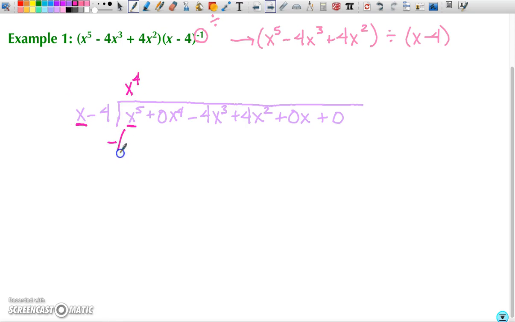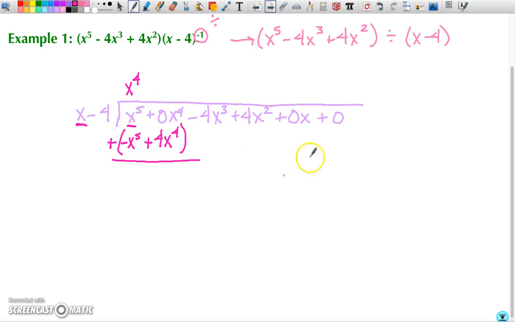And you're subtracting. So x to the 4th times x is x to the 5th. And then x to the 4th times negative 4 is negative 4x to the 4th. Now remember, you're subtracting, so if you change this to an addition, this becomes negative and this becomes positive. And then you add together.